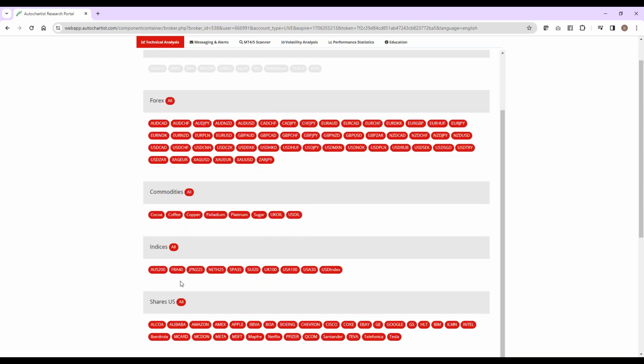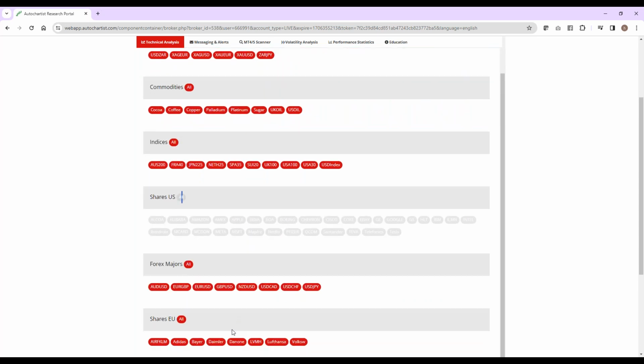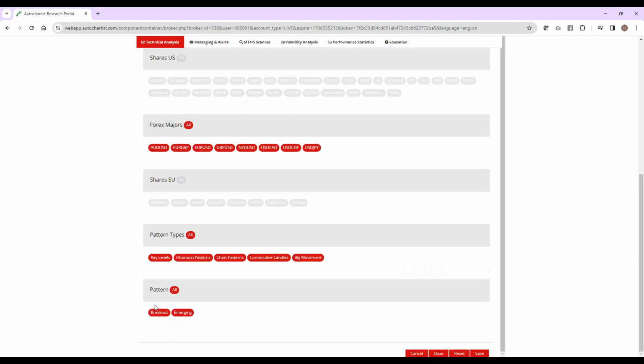I have indices on. I don't want shares for the time being, because I want to check with you guys only Forex and commodities, metals and energies. I want all the pattern types. I want all the emerging and breakout as well. So I'm going to save these settings.